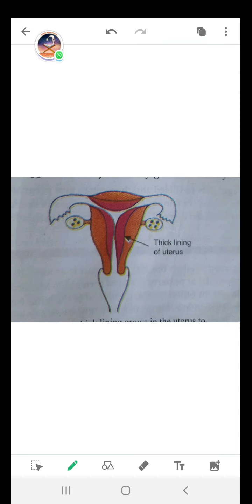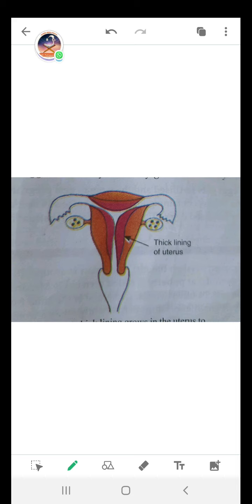When a girl child is born, her ovaries already contain many thousands of unripe eggs, and when the girl reaches the age of puberty, about 10 to 12 years in girls, sex hormones are released in her blood and cause some of the eggs in her ovaries to mature. So this mature egg is released by the ovary.